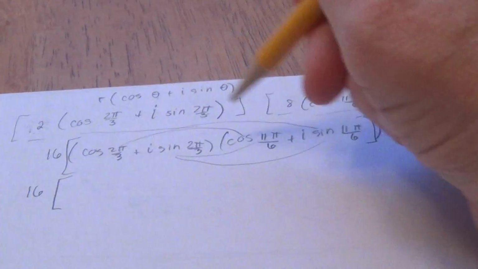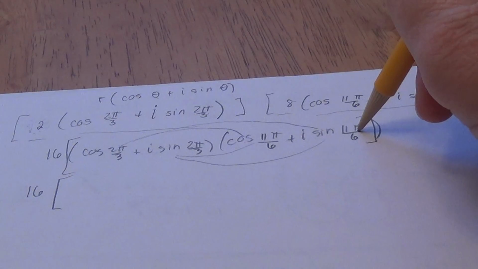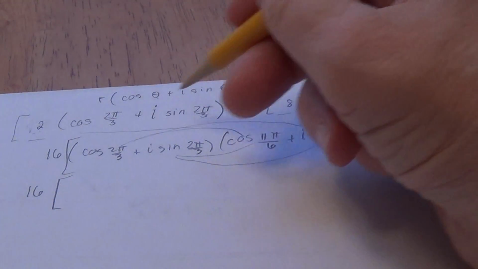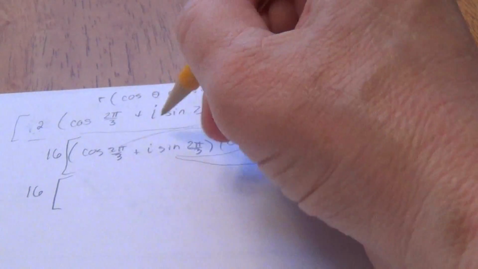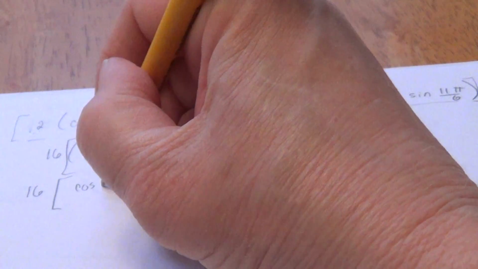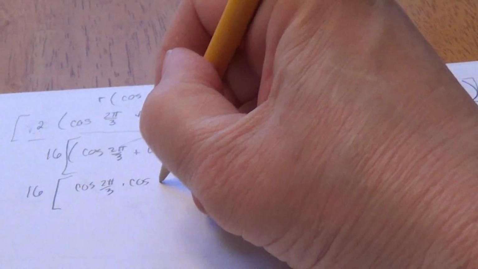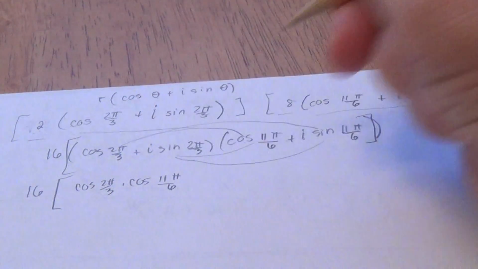Alright, so I always distribute the first among the 2, and then I distribute the second among the 2, so you can do the order that you like. So I get cosine 2 pi over 3 times cosine 11 pi over 6. They're not combinable.